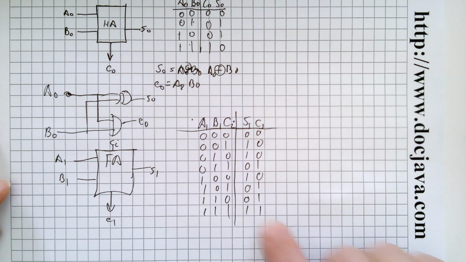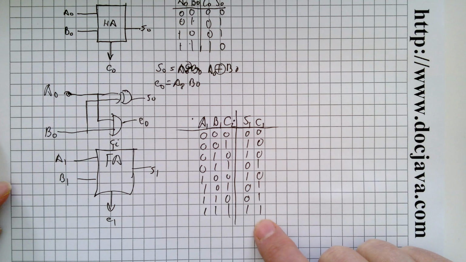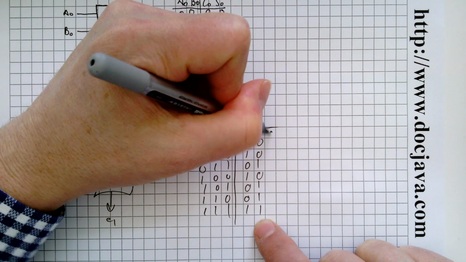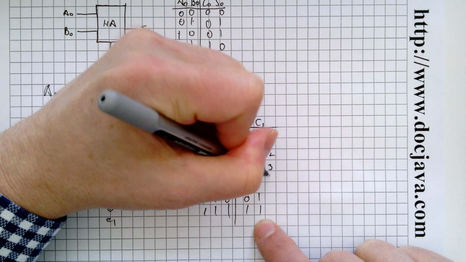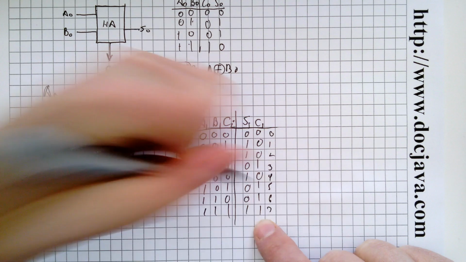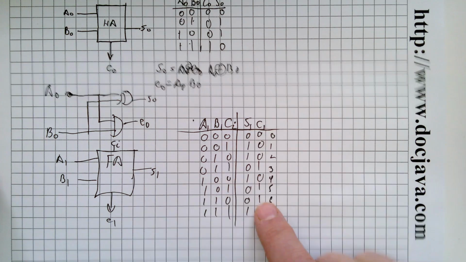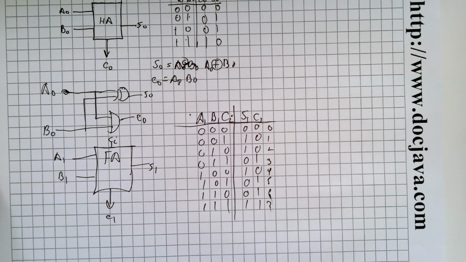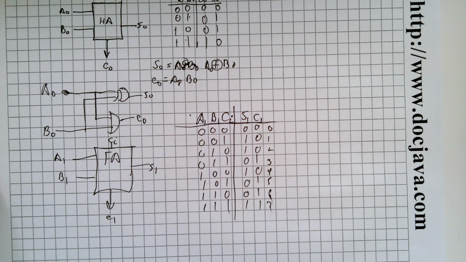And now you can see this is a rather more complicated truth table. And if you want to number the truth table, you could proceed to do 2 3-variable K-maps and get a minimum sum of products for your full adder.